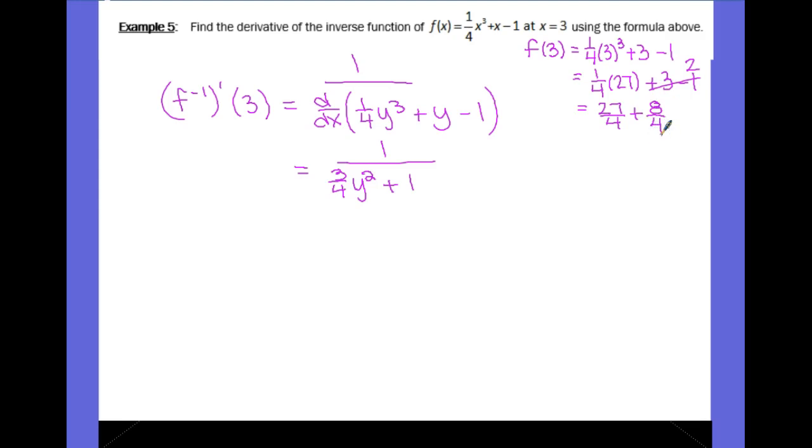So you get 27/4. Well, 3 minus 1 is 2, so you've got to get a common denominator. So you get 8/4. So 27 plus 8 is 35/4.